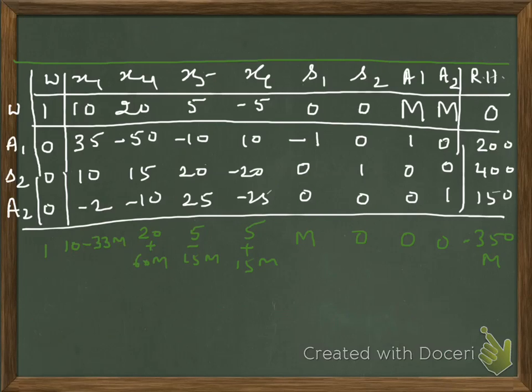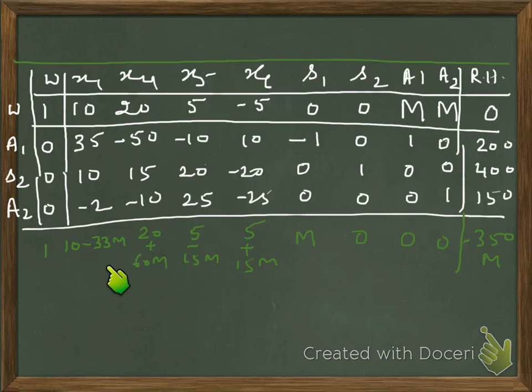To check whether this is optimum or not, you will be checking in the objective function line whether there is any negative coefficient or not. Now you can notice here that 10 minus 33m is negative, and also 5 minus 15m is negative. Which one of the two will enter the basis? The most negative coefficient. Since m is very high, we straight away see the coefficient of m if it is negative.